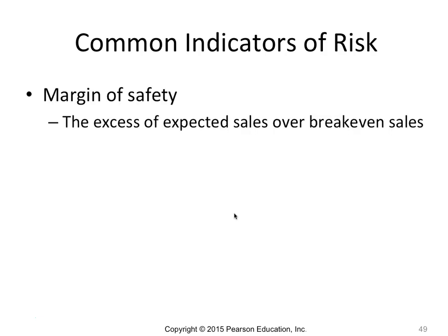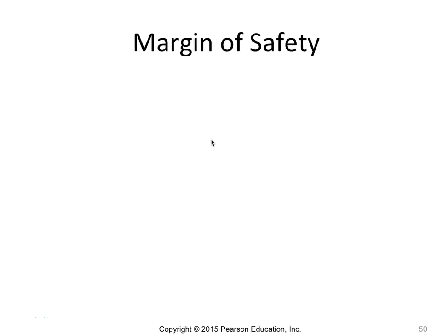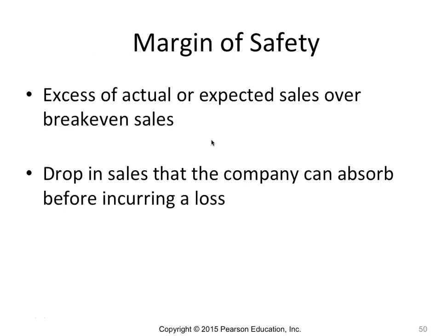Margin of safety is the excess of expected sales over break-even sales. You want to avoid that. So it's called expected sales. You don't want to expect too much if you cannot make it. Operating leverage is the relative amount of fixed and variable costs that make up the company's total costs. So you're going to take a look at those.